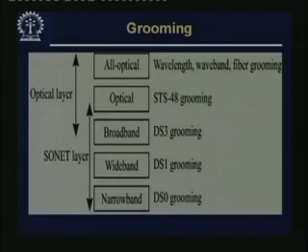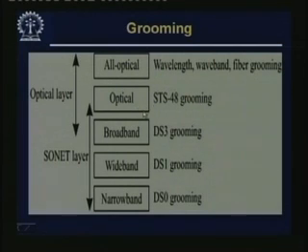If you look at this figure, you have the narrow band, the SONET layer and the optical layer. In the narrow band we have DS0 grooming, then DS1 grooming, sort of wide band, then in the broadband DS3 grooming. So, the rates are going up, starting from 64 kbps. Now, when you have gone up to STS-48, that means you are in the optical domain, because STS-48 is STM-16 really.